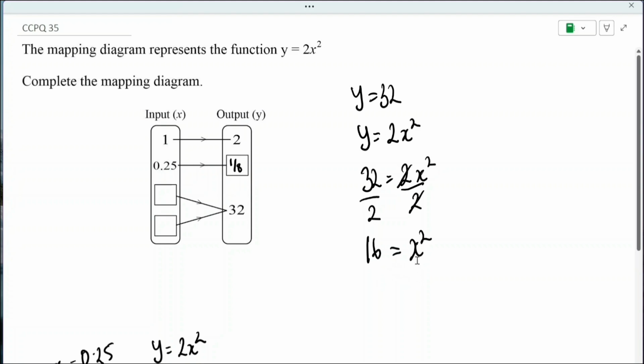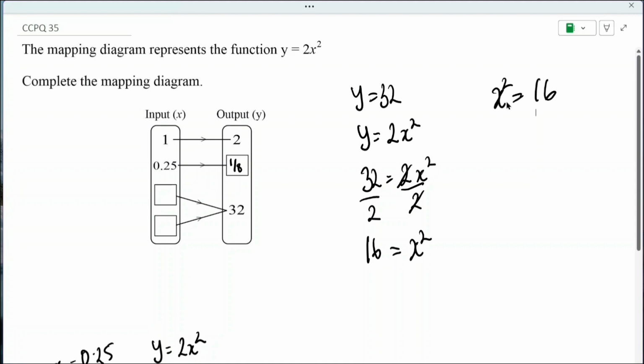You might want to have your unknown on the left and have this value on the right. Since you're switching both, you can have it as x squared equals 16. To get rid of the square of this x, because you're looking for x, you introduce square root to both sides. The inverse of square is square root. That's why you introduce square root.